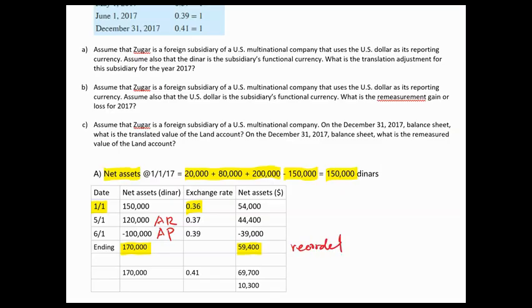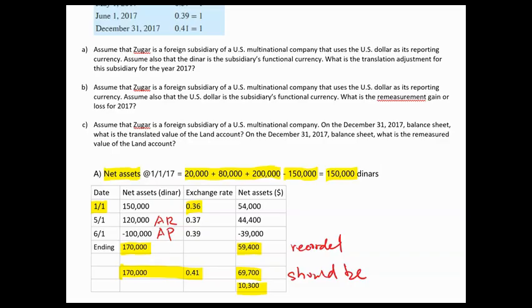But this $69,700, based on the net assets in the foreign currency times the year-end exchange rate, is what the net assets should be. In other words, we need to adjust from the recorded amount to the should-be amount. That's going to increase the net assets by 10,300, and this is going to be a credit to the company's books.